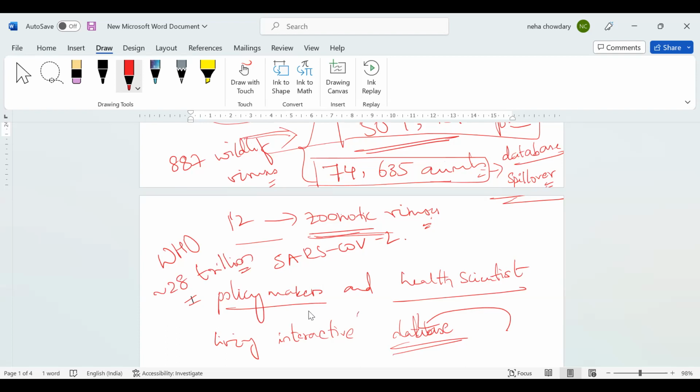So SARS is one of many potential viral threats to humans. There are just over 250 known zoonotic viruses that have previously spilled over from animals to humans and caused diseases in people.